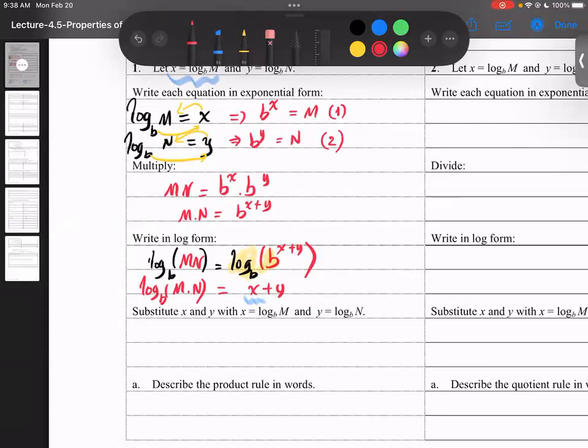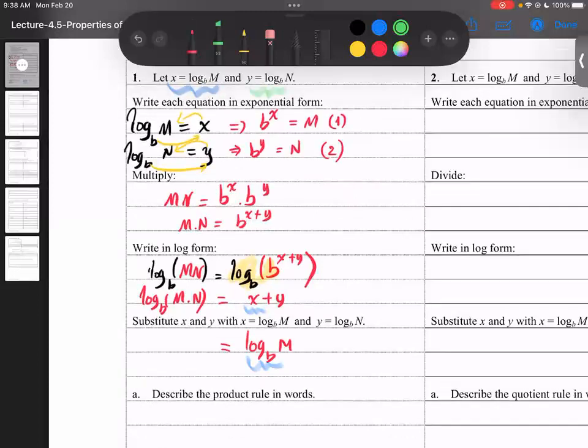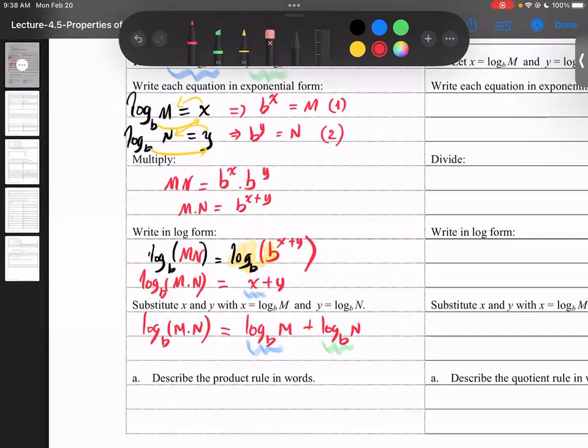And then replace y with log base b of n, because that's what the original condition is. Plus log base b of n. Bring down the left-hand side. There's your new rule. Log of the product becomes the sum of the logs.